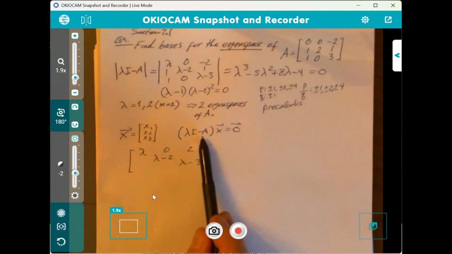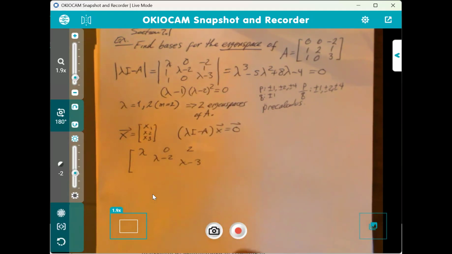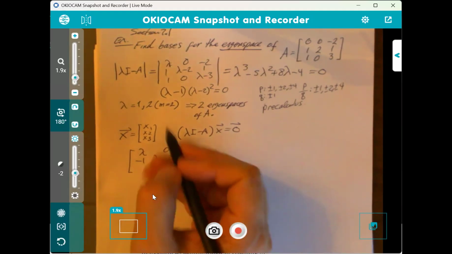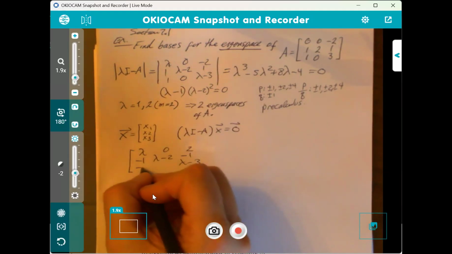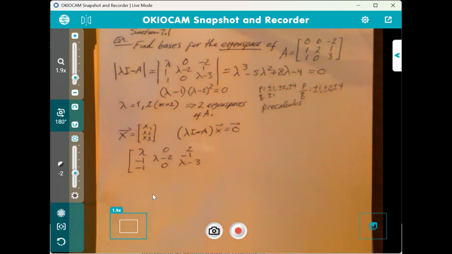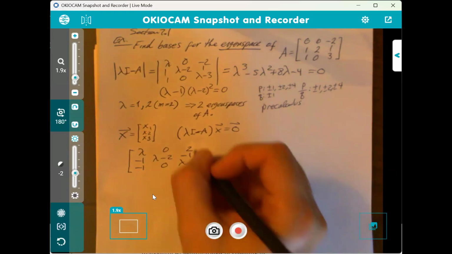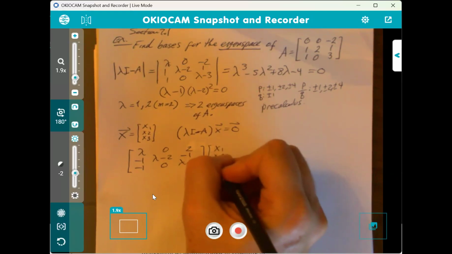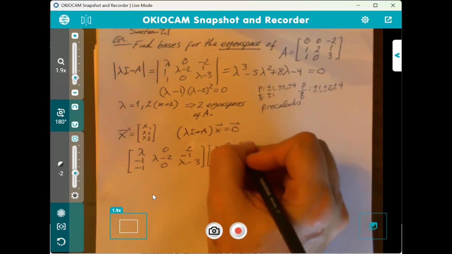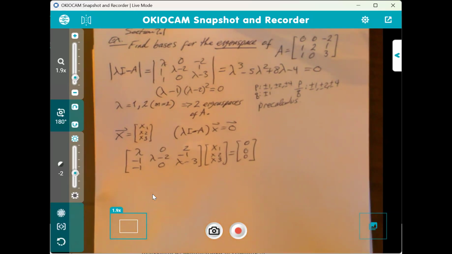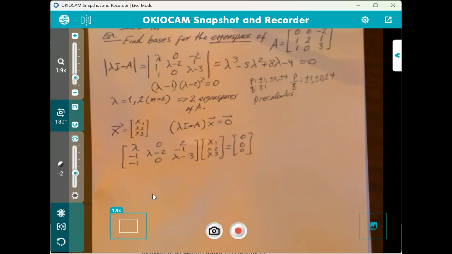So this is 0, 2, because it's negative of A. And positive 1 becomes negative 1. 0 doesn't matter, because again, I'm doing minus A. And then we multiply this by x1, x2, x3 equal to the 0 vector. In other words, we're solving the homogeneous system, and we are hoping for non-trivial solutions.